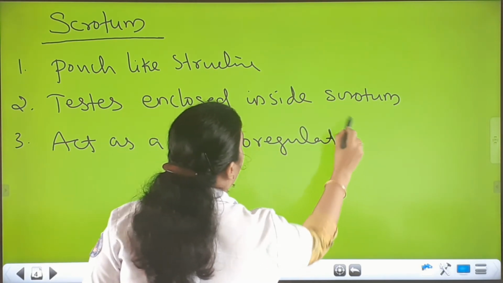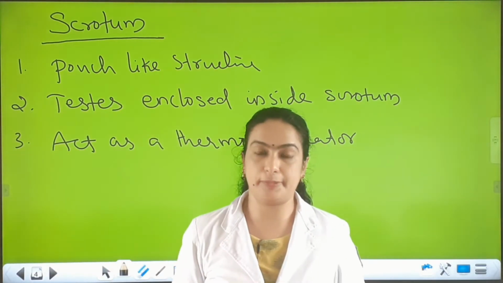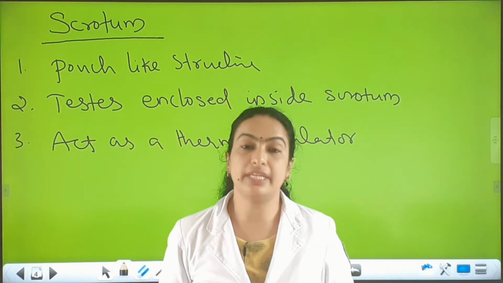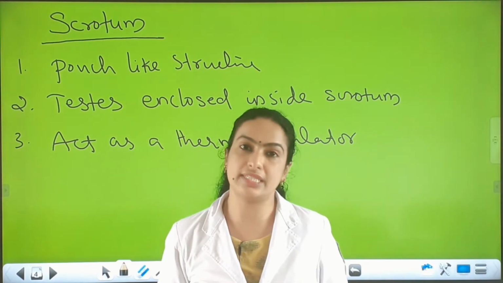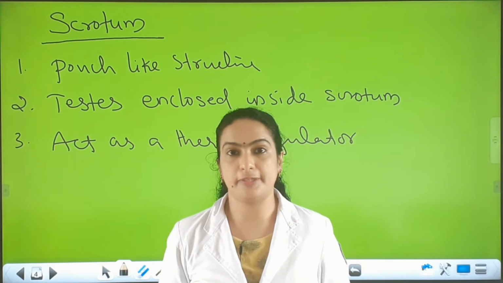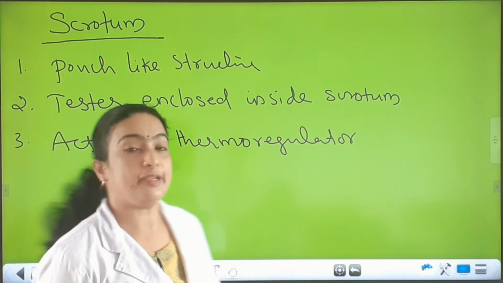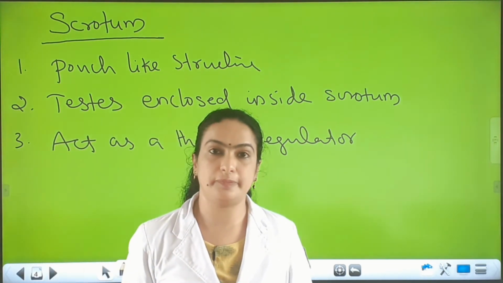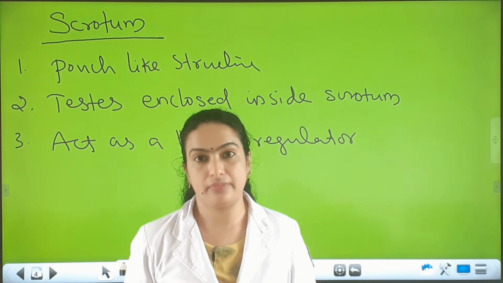It's an important point, thermoregulator. So how does scrotum act as a thermoregulator? The scrotum can provide an optimum temperature to the testis for the proper production of male gamete. See, normally the testis need only low temperature to produce the sperm.